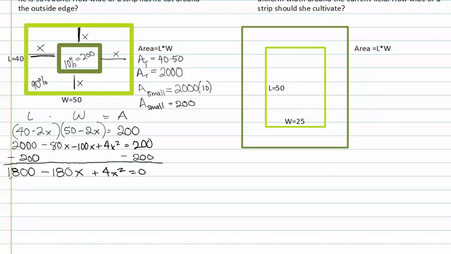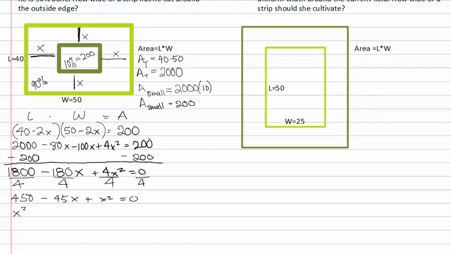From here, I can divide everything by 4. This gives me 450 minus 45x plus x squared is equal to 0.